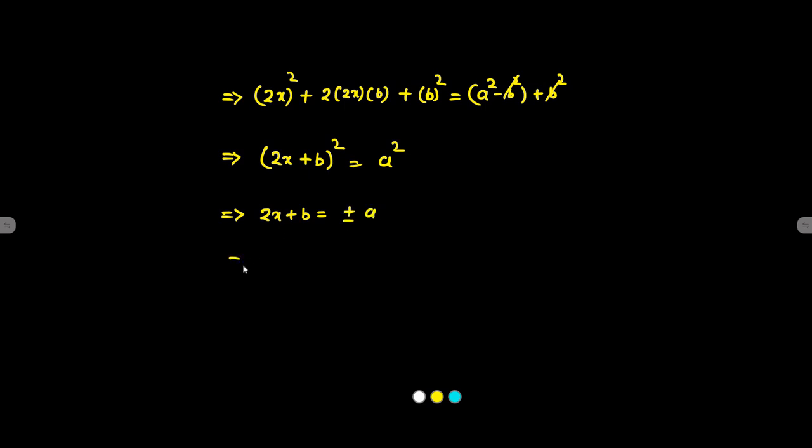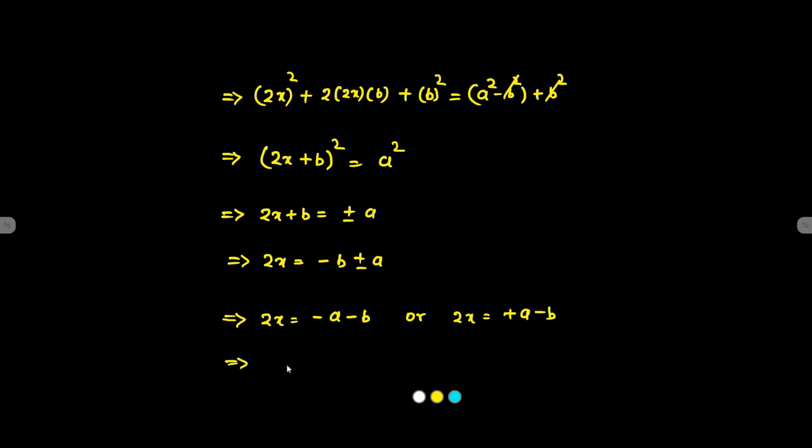That implies 2x is equal to minus b plus minus a. So that implies 2x is equal to minus a minus b, or 2x is equal to plus a minus b.